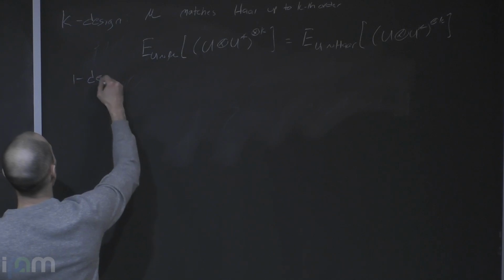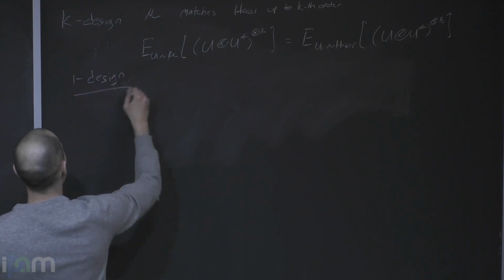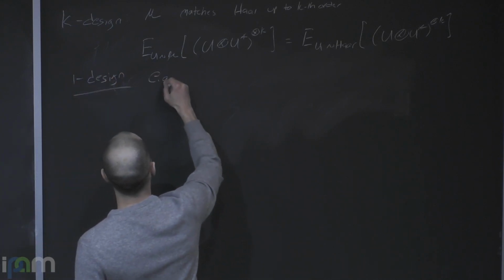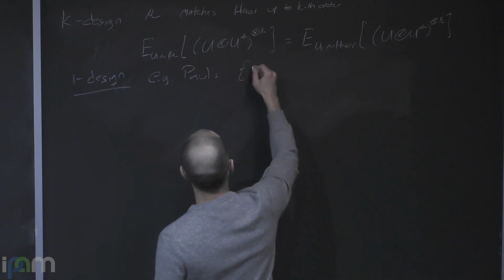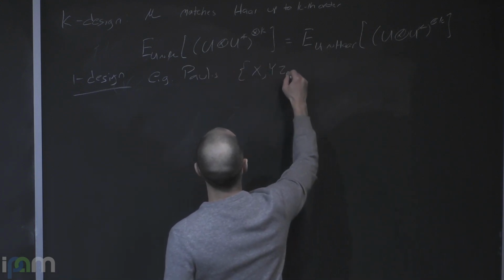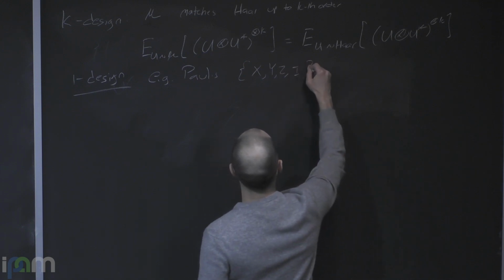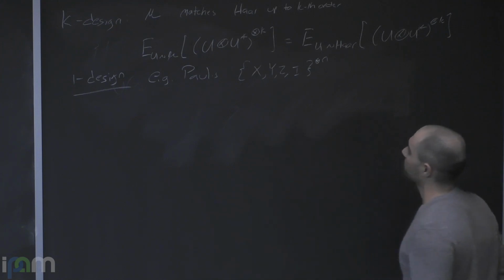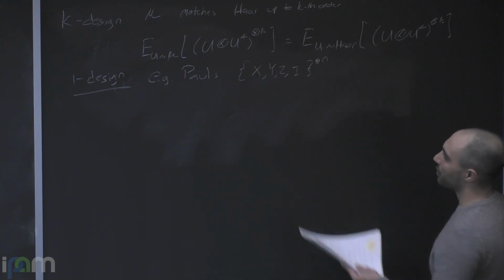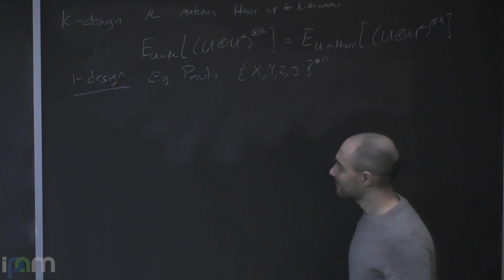So, 1 design, e.g. Paulis. So all the X, Y, Z, I tensor n. All the n-qubit Paulis generate a 1 design.